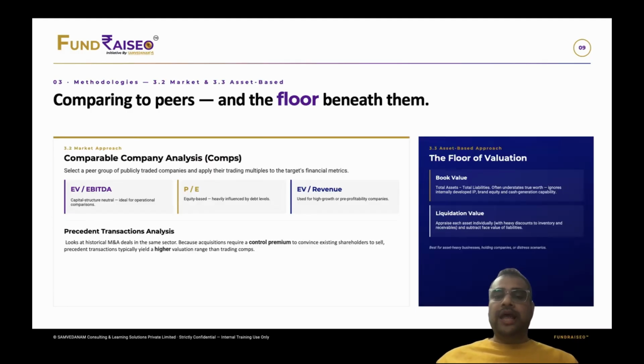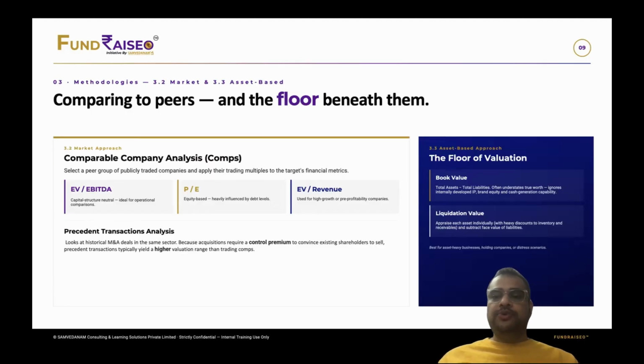If the life of the asset is almost near, it will not be able to generate huge cash flows, and it requires a lot of service, then there are very good chances that you may even sell it at a scrap value, right? Book value holds true only in cases when you do not know anything about the future generation capability, and you're still not aware of how that particular asset is going to perform.